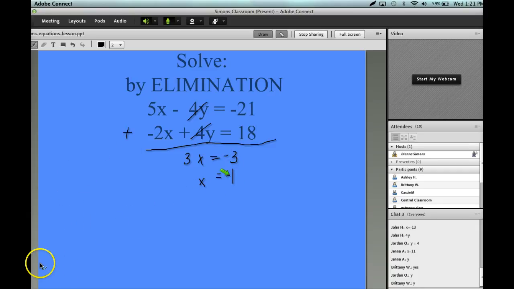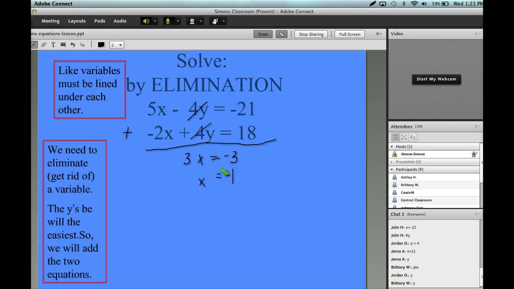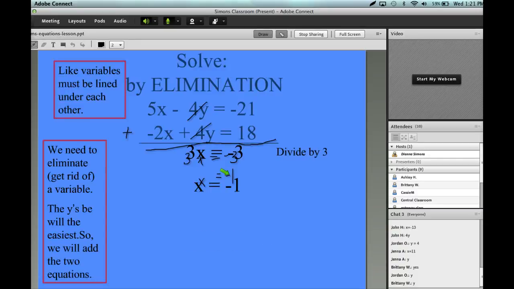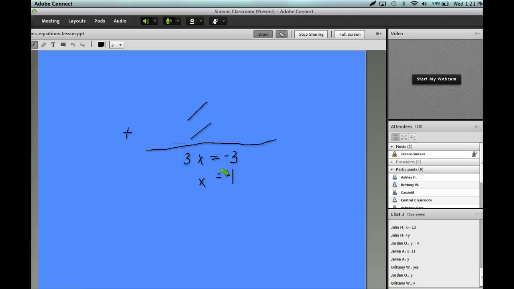Always watch my signs. I get a little excited. It should be a negative 3, so that would be, let's see if they did what we did. So x is negative 1.